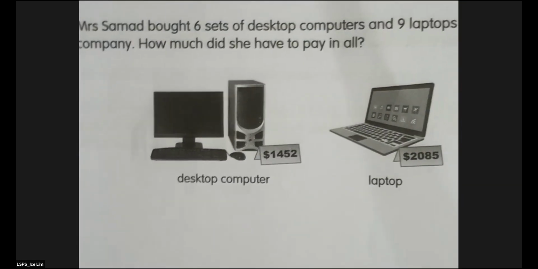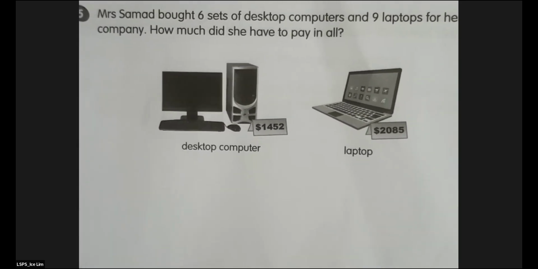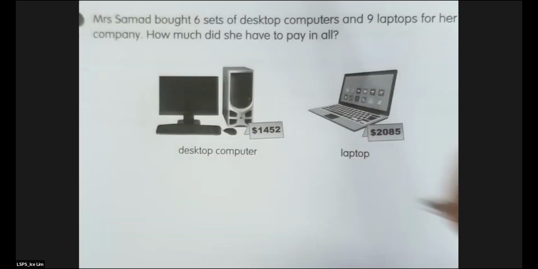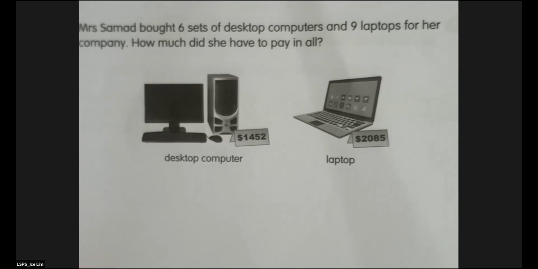This question is quite quick, 2 minutes can finish. Why? Because Mr. Samad bought 6 sets of desktop computers and 9 laptops for his company. Now, in this question, the good thing is there's a picture to help you.